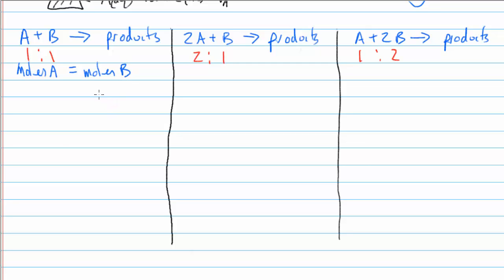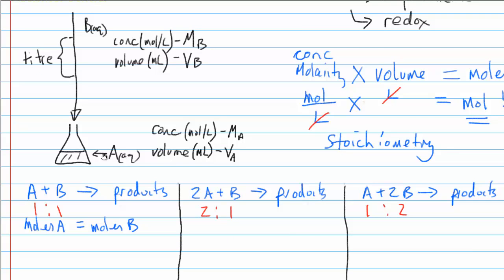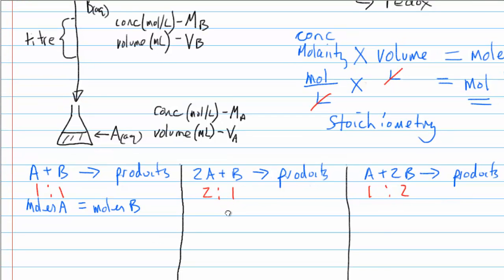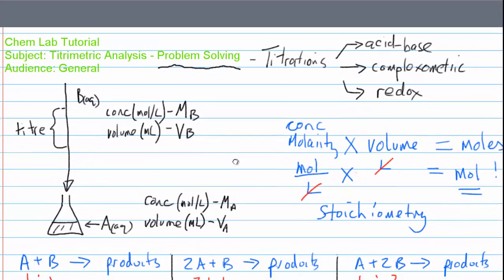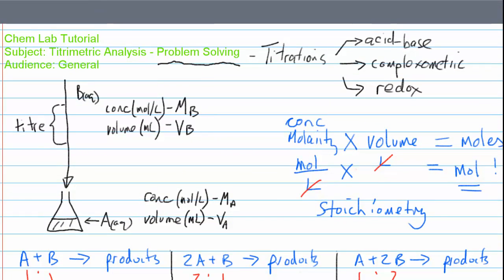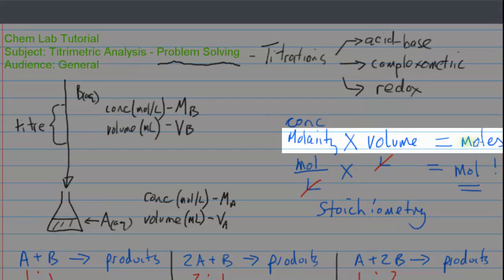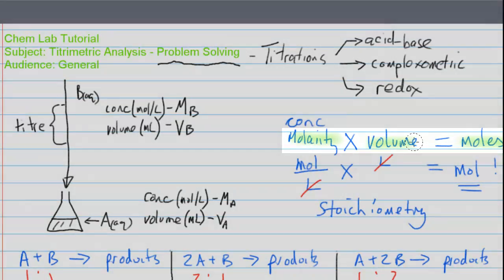If a certain number of moles of A are originally present in the Erlenmeyer flask, then if the stoichiometry is 1 to 1, we're going to need the same number of moles of B to completely react with A. So moles of A are equal to moles of B. Remembering our relationship between moles, molarity, and volume: moles is equal to molarity times volume.